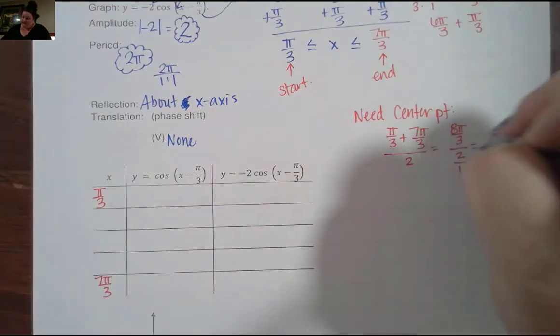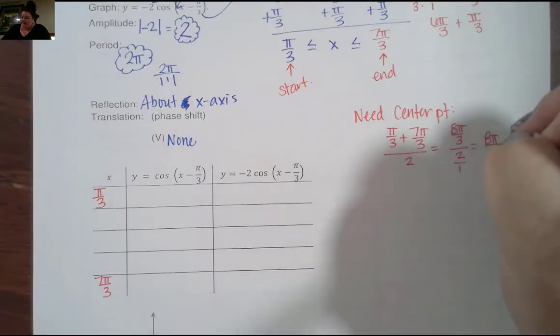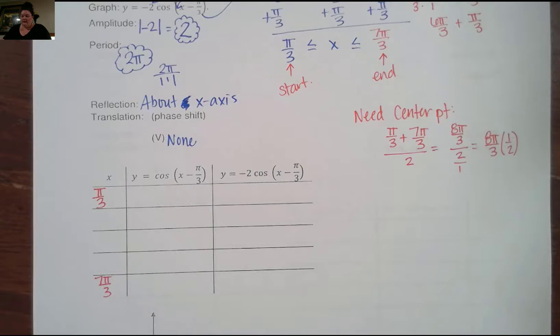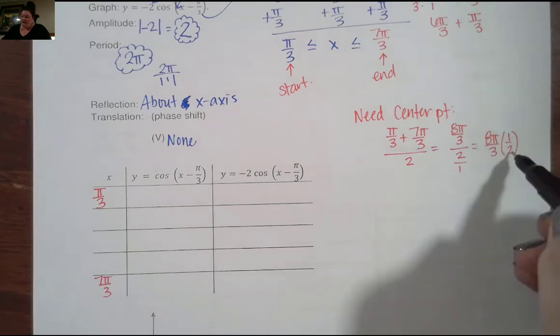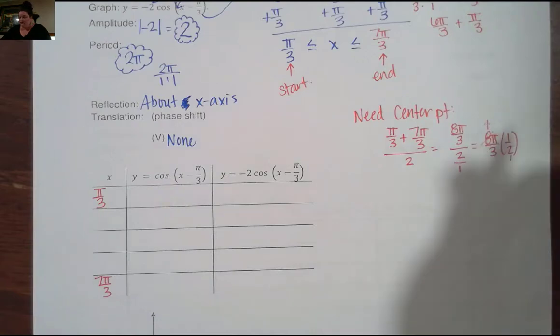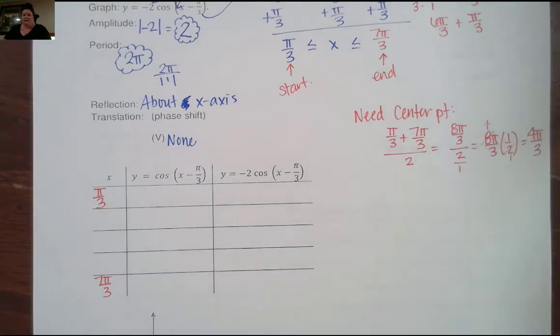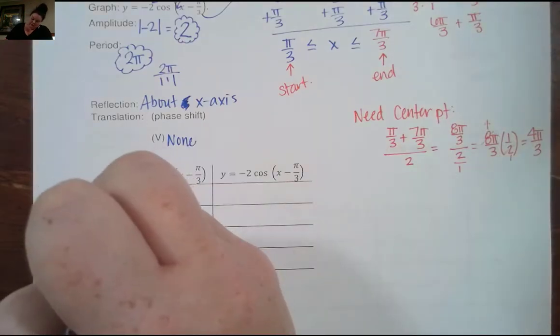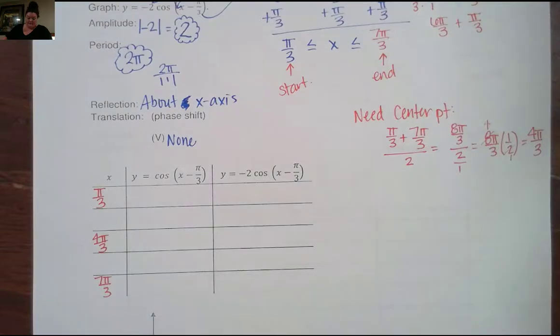So if I flip and do the reciprocal, I get 8 pi's over 3 times 1/2. And then I'm going to go ahead and reduce the 2 and the 8. So this becomes 1, and this becomes 4. So I end up with 4 pi's over 3 as my center point.